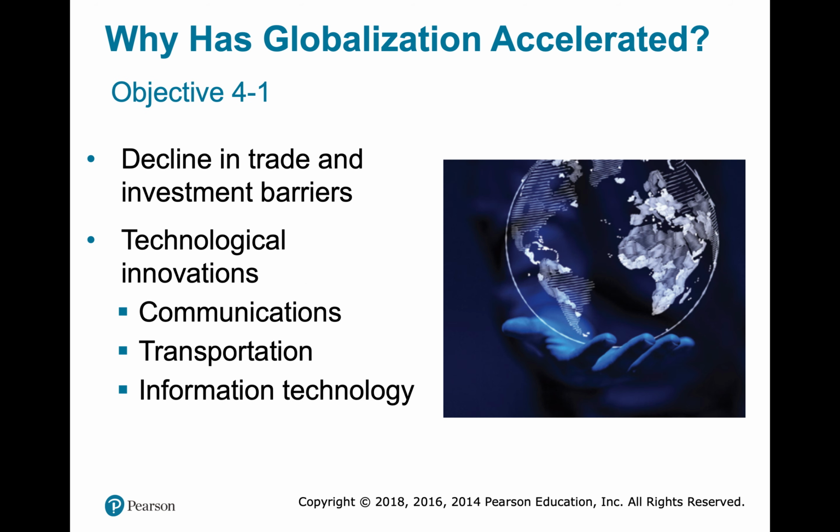All right, moving forward. So why do you think it is that globalization has accelerated? All right. Well, like we were just talking, trade and investment barriers are on a decline. So a long time ago, governments would restrict trade a number of different ways.